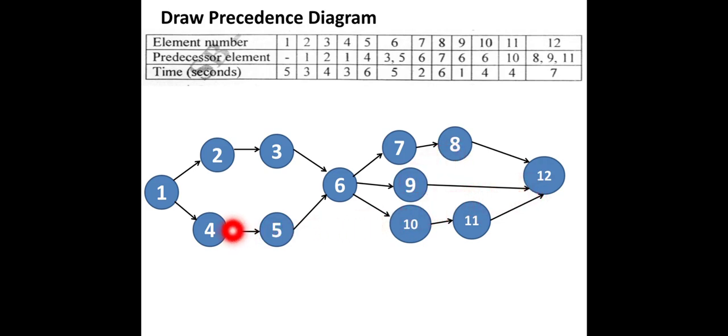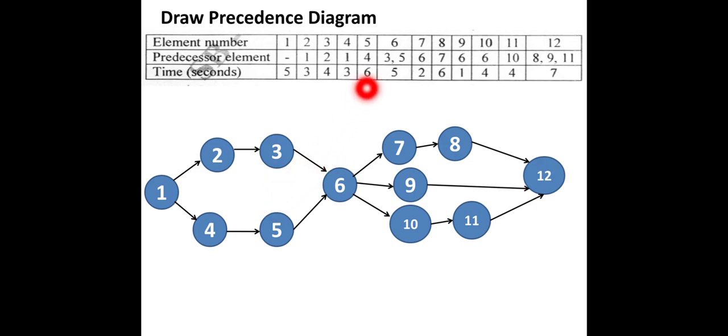I'll again explain how to draw this precedence diagram. I started with element number 1 since it doesn't have any precedence constraint. From 1 I have represented elements 2 and 4, and from 2 it is 3. From 4 it is 5. From 3 and 5 it is 6.